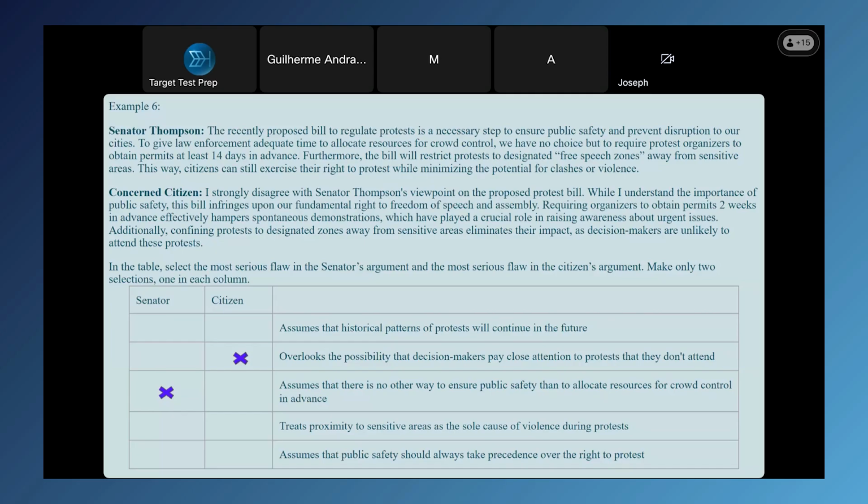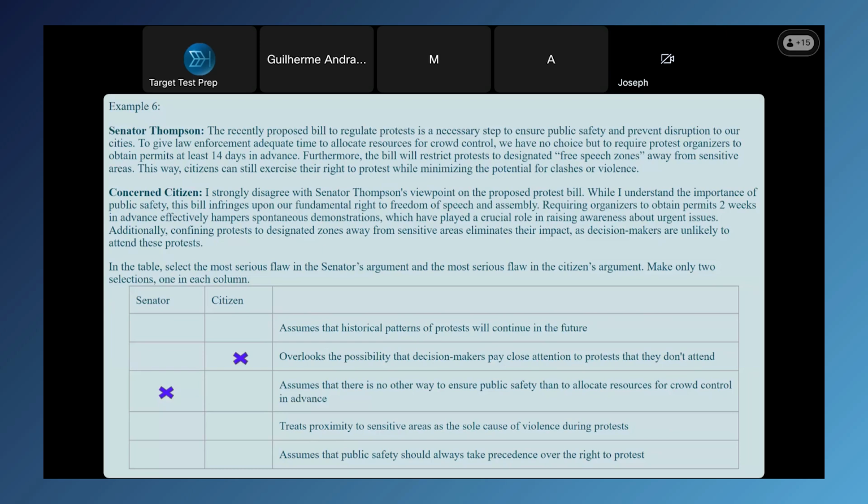You have to have permits at least 14 days in advance, and it will restrict protests to designated free speech zones. So the implication for the senator is that both of those things individually, and perhaps other things in the bill, but those are the only two things that the senator brings up, are necessary to ensure public safety.